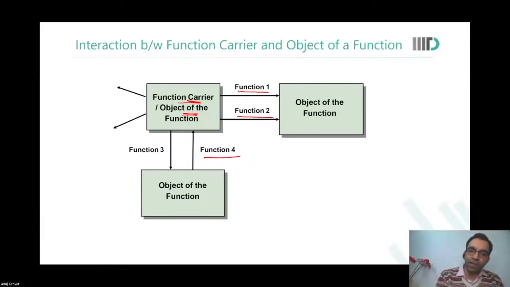This particular component is an object of function in function 3, but is a function carrier for function 4. What we are also saying is that any component could be performing more than one function in any engineering system. Is it okay?